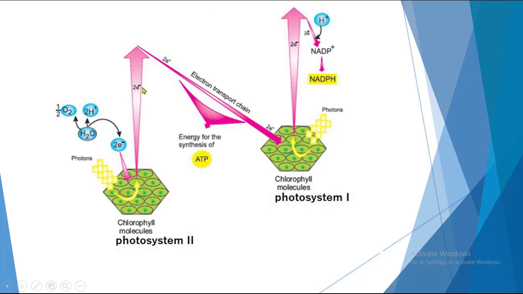Moving on, the next step. The electrons which left the photosystem 2 are accepted here by a protein compound which is known as the primary electron acceptor of photosystem 2. We are not going into that detail, remembering all the names of the proteins, but here you can say that there is a primary electron acceptor which accepts the electrons coming from photosystem 2, and these electrons move through a series of proteins which pass electrons from one to another.